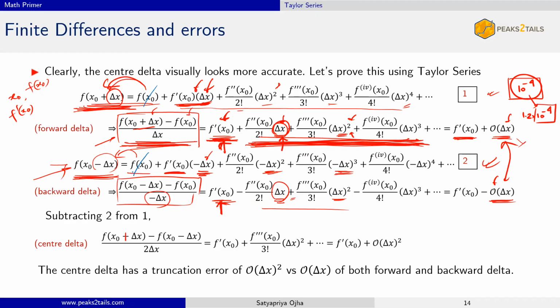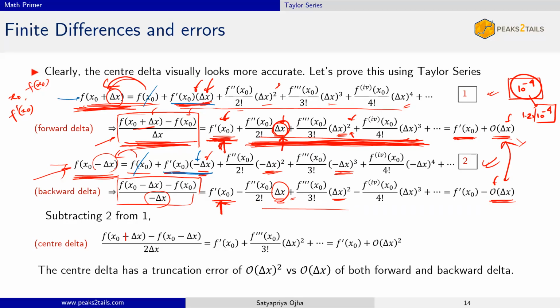This will get cancelled. F dash x0 times delta x minus minus this guy will be 2 times f dash x0 delta x, because there is a minus sign here already. I'm subtracting equation 2 from equation 1, okay?